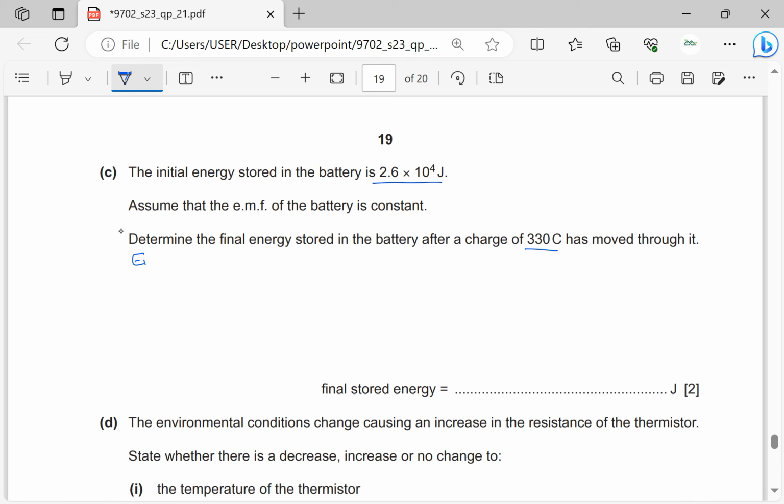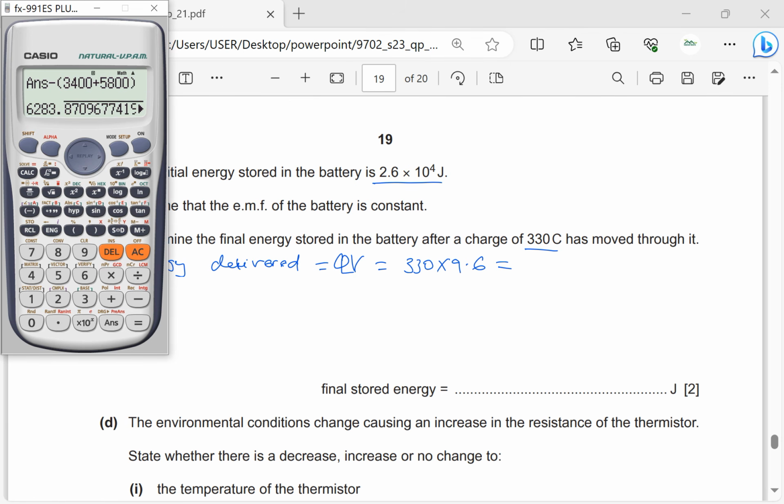So the energy delivered when that charge passes through, of course, we know that V is equal to energy per unit charge. So the energy delivered is going to be Q times V, which is 330 times V, which is 9.6. This is the energy delivered.